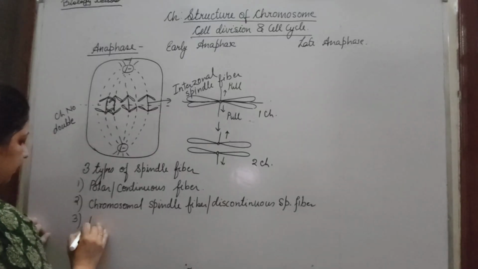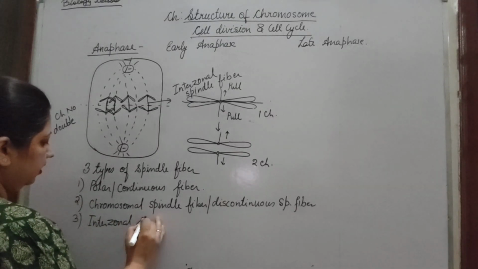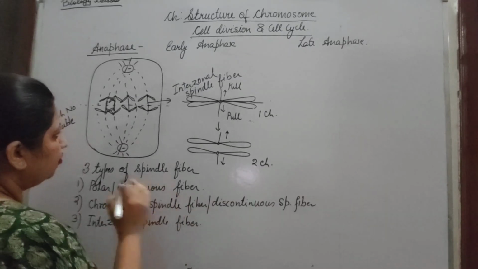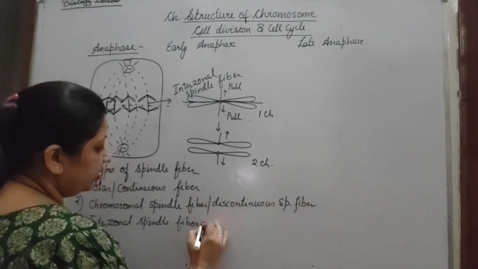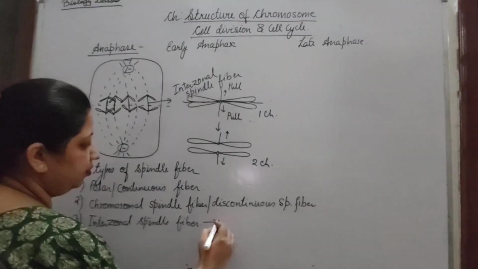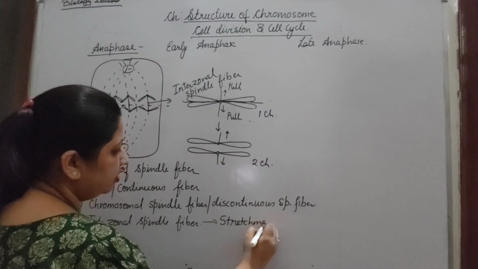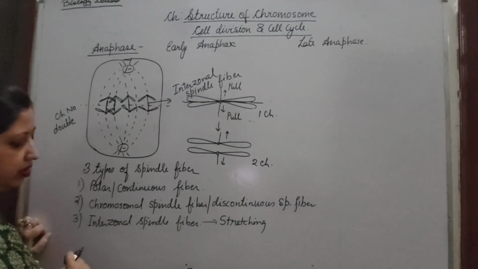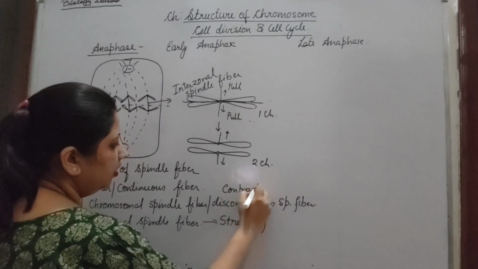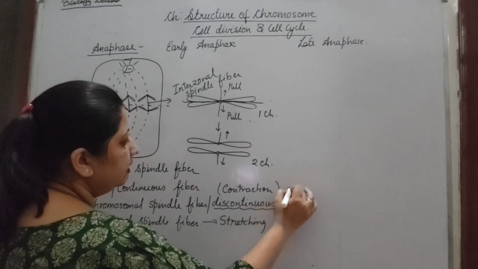So there are three types of spindle fiber. The chromosomal movement is due to the stretching of the interzonal spindle fiber. How does the chromosome move toward the opposite pole? By the stretching of the interzonal spindle fiber and the contraction in the discontinuous spindle fiber.